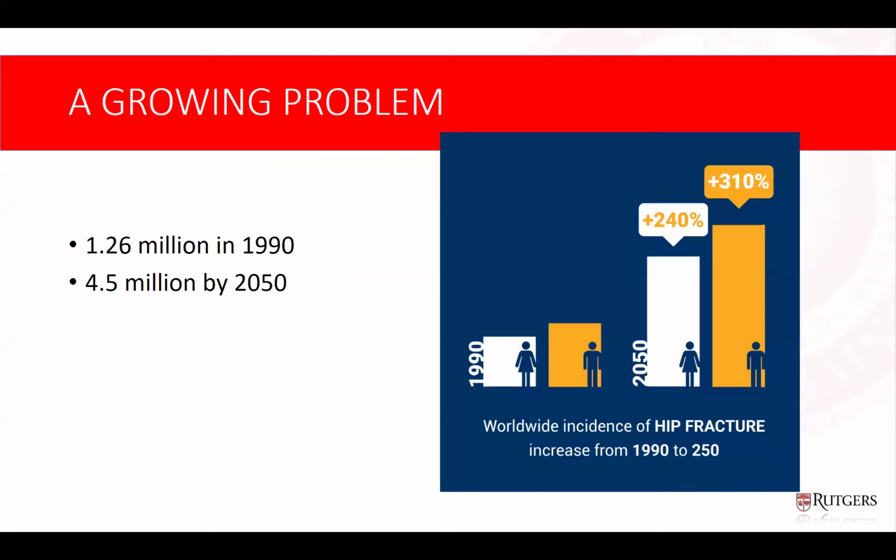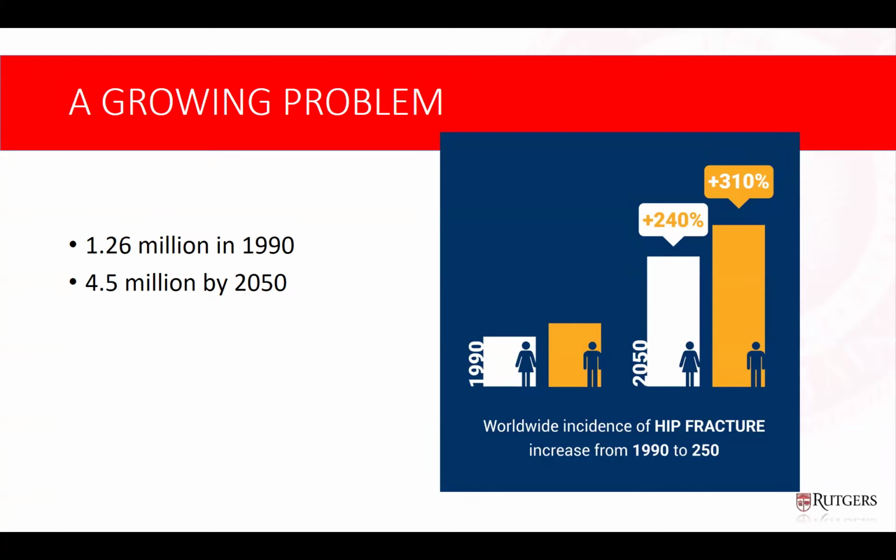So as we all know, hip fractures are a growing problem. No matter who you are, if you're an orthopedic surgeon, a nurse, a physical therapist, an emergency department physician, or an anesthesiologist, you need to be aware of this problem.